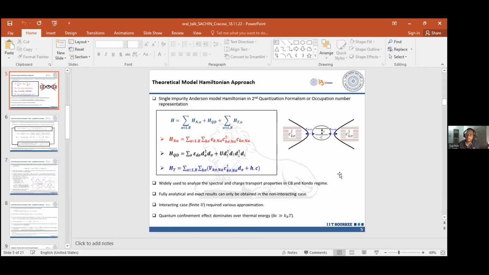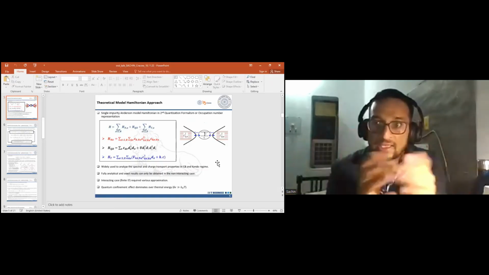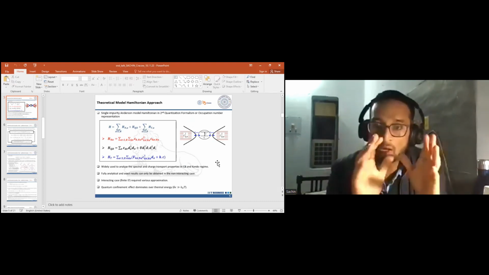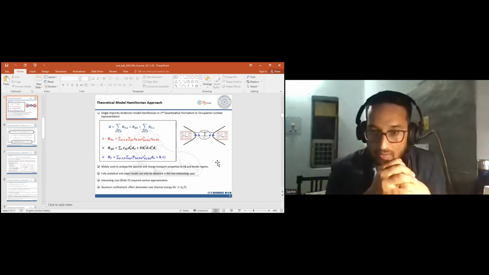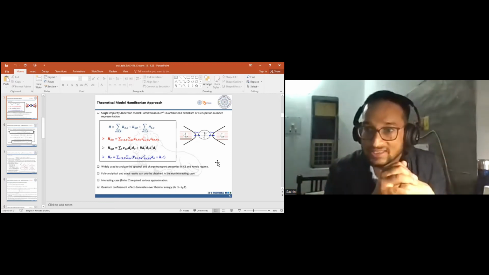For that, one can have both reservoirs as superconductors. If both reservoirs are superconductors and a quantum dot is attached, then that system can be used as a qubit. But in our case, we have one normal metal and one superconductor attached to a quantum dot. We studied the charge transfer and thermal transfer properties in this system, so this can be used as a miniature power generator in quantum circuits, but not to reproduce qubits.